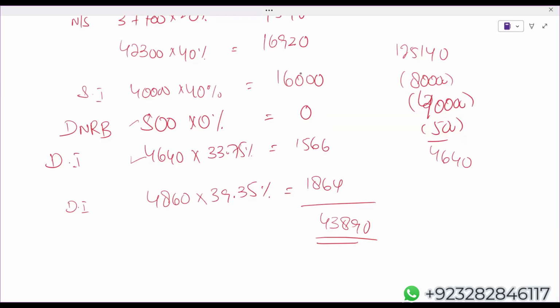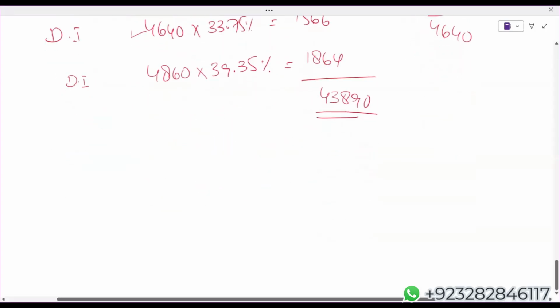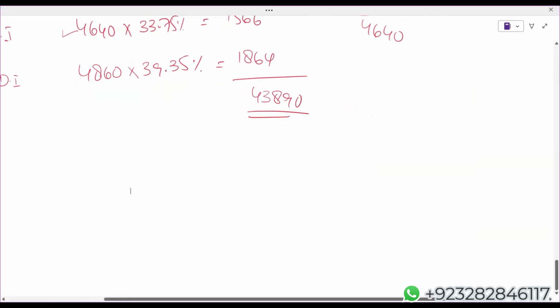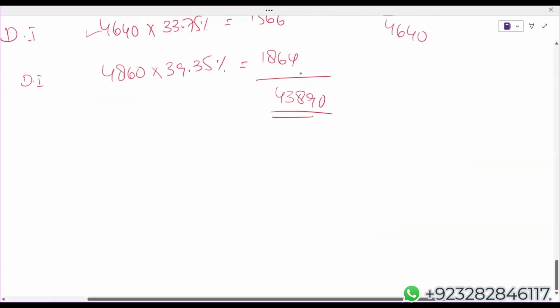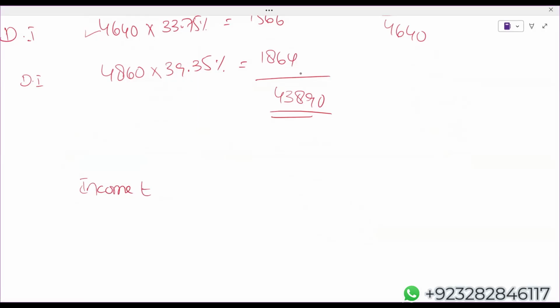Now let's recalculate with gross PPC. First of all, let's say now income tax liability with gross PPC 50.